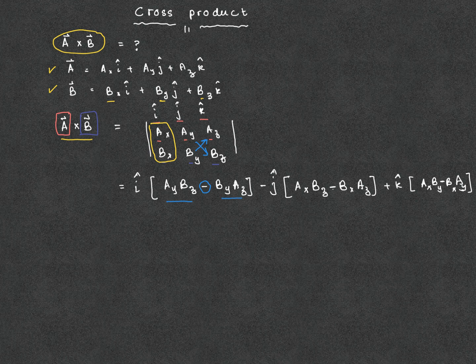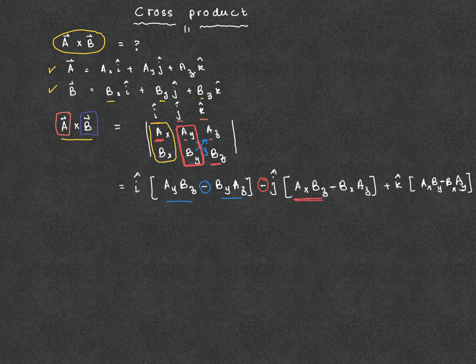When we move on to the next one, j, we have to insert a negative like that over here, and that's the only place where you insert that negative from outside. I drew this red box first, but we cover that column, and then we go again with the leftover top to bottom, which is AX and BZ.